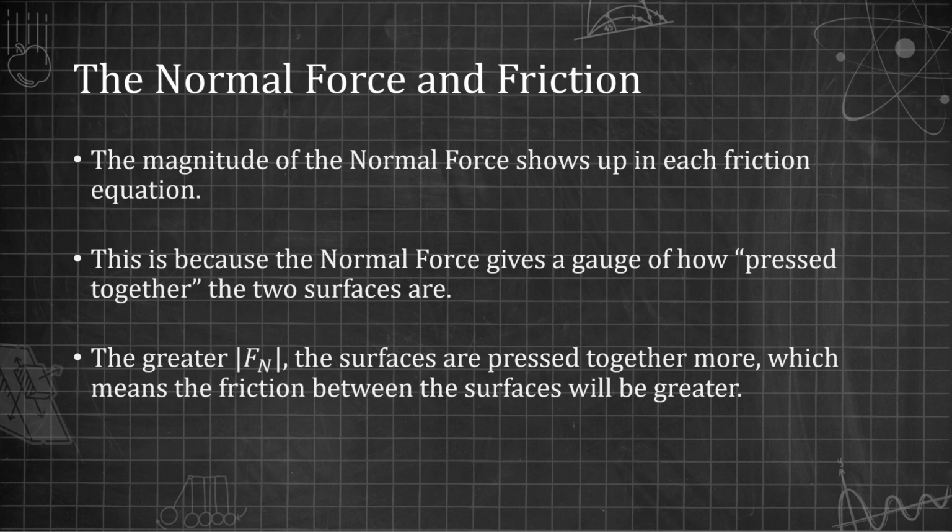It tells us how much in contact surface 1 is with surface 2. So the greater the normal force, the closer and the more pressed together the two surfaces are, which is going to result in more friction between the two surfaces. The lower the normal force, the opposite is true. They're not in contact as much, and therefore there won't be as much friction between the two surfaces.